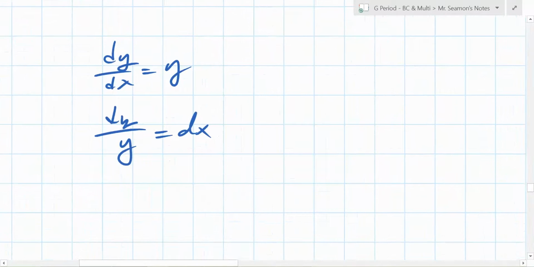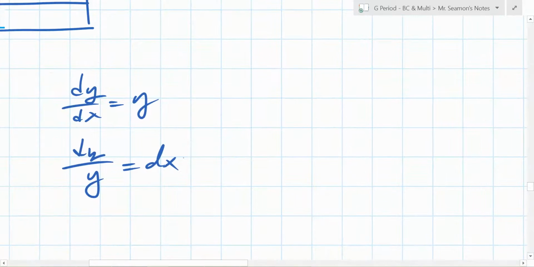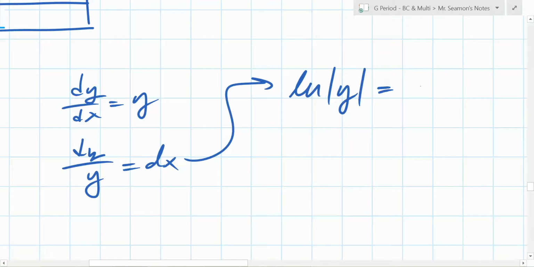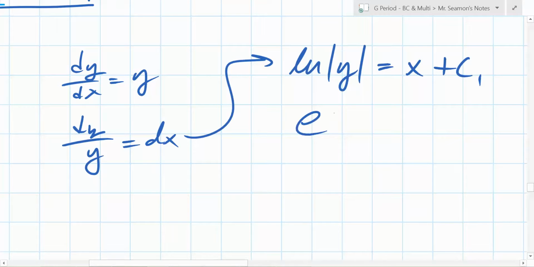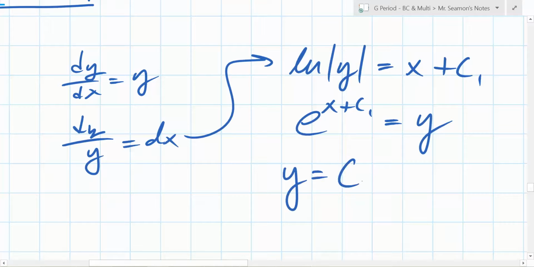So what can we do to both sides? Integrate. And what do we end up with? ln of y is equal to x plus c1. So e to the x plus c1 is equal to what? y. So y is equal to some c2 times e to the x.